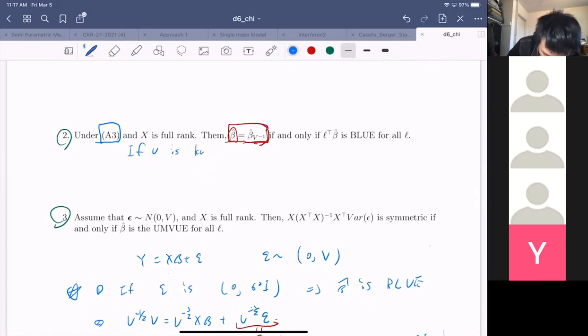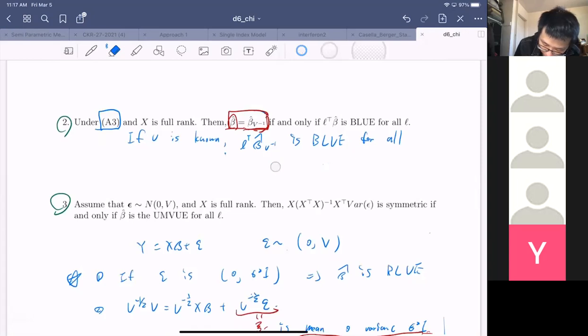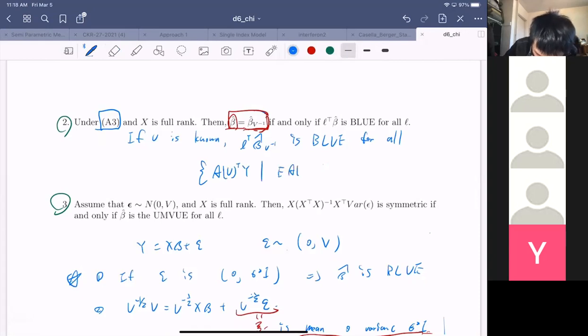So you can say, if V is known, beta hat V is BLUE for all linear functions A transpose beta, and A can be a function of V. How about let's say like this: it can be a function of V transpose Y, and this is equal to L transpose beta.